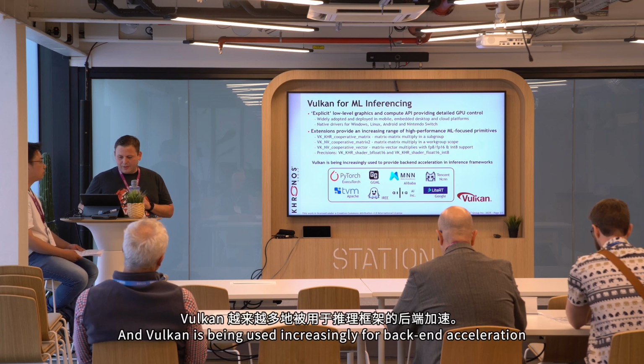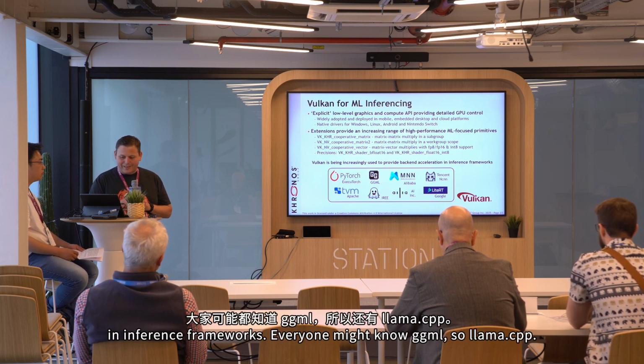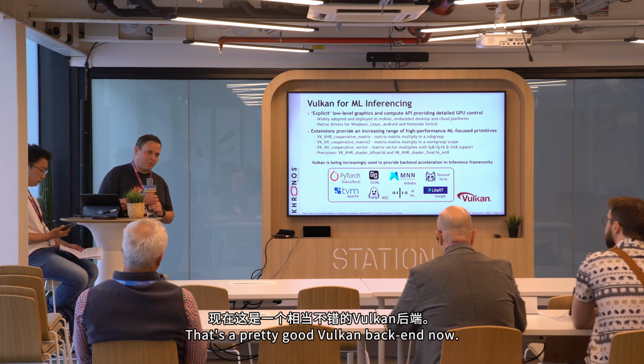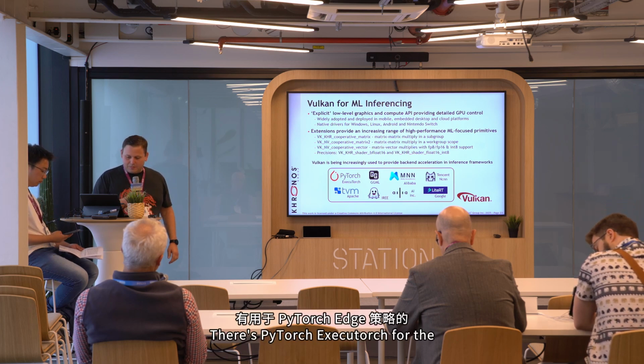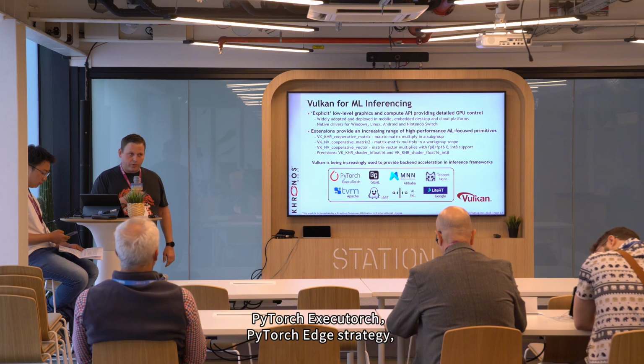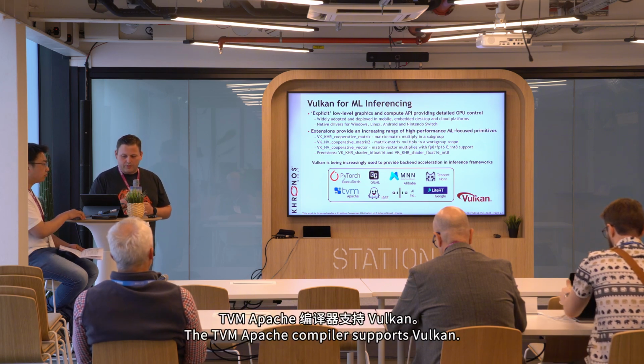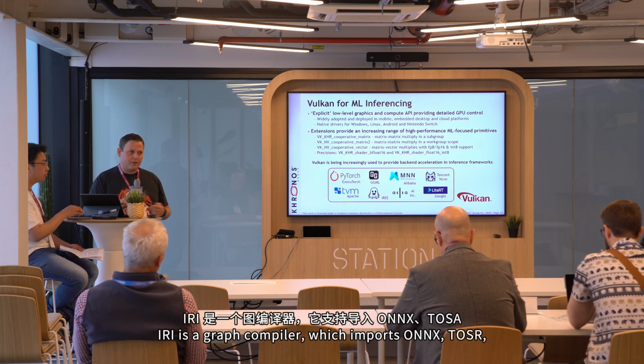on Vulkan. And Vulkan is being used increasingly for backend acceleration in inference frameworks. Everyone might know GGML, so llama.cpp has a pretty good Vulkan backend now. There's PyTorch, ExecuTorch for the PyTorch Edge strategy, which has a Vulkan backend. The Apache TVM compiler supports Vulkan.